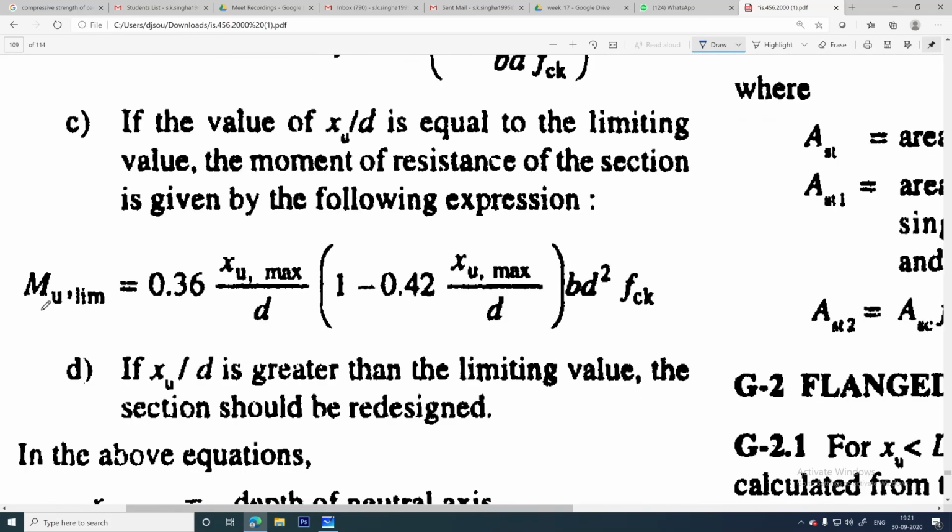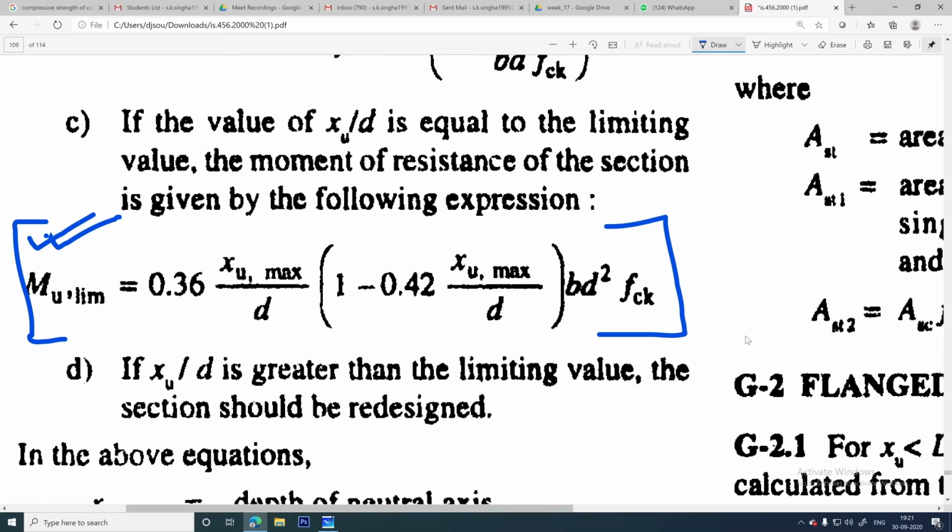I have also told you how to get this formula. This is basically C into Z. Mu limit equals 0.36 xu max by d into (1 minus 0.42 xu max by d) bd square fck. So by using this you can get the value of the Mu1.